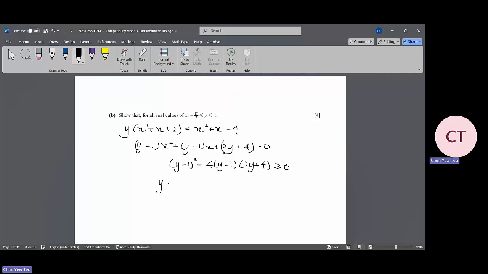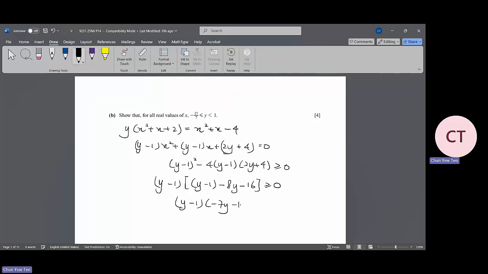Then you can expand and simplify, but I prefer to factorize it out. Then you get negative 8y minus 16 greater than or equal to 0. Simplify further, you have y minus 1 times negative 7y, minus 4ac, minus 8, minus 16, sorry.